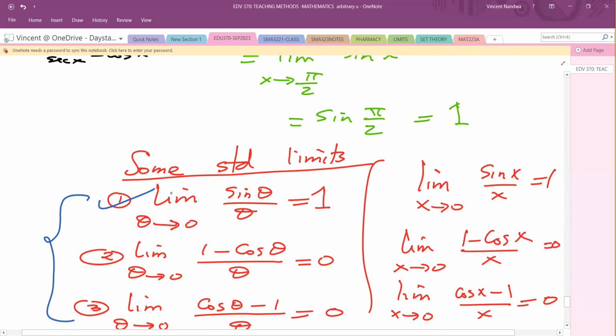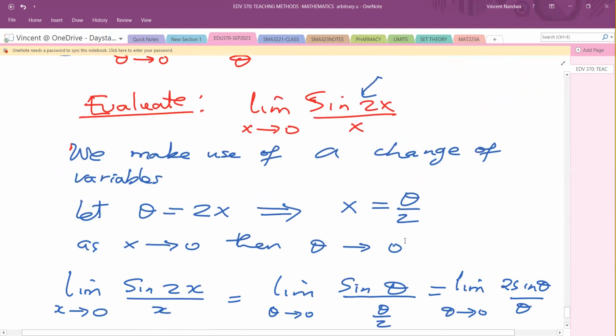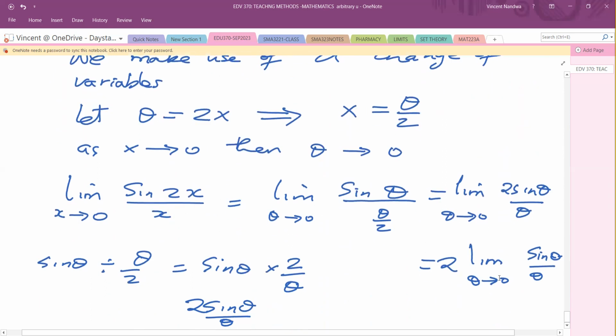The limit of sine theta over theta, if theta is going to 0, is always 1. And the limit of 1 minus cos theta over theta, when theta is going to 0, is 0. So now the answer is 2 times 1, which is just 2. So the answer of that limit is 2.